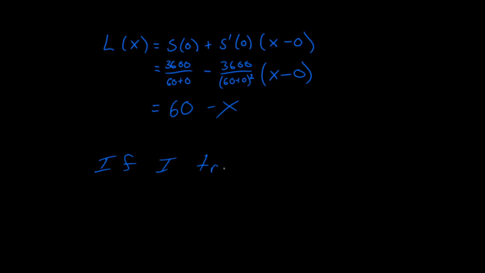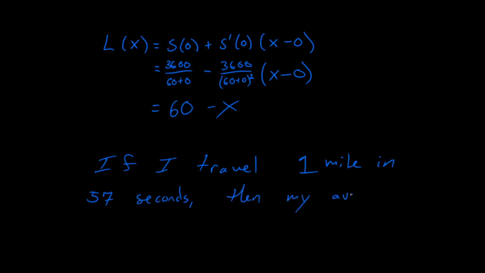So if I travel 1 mile in, say, 57 seconds, then my average speed is about, something in the neighborhood of, let's see, L of 57, that'll be L of minus 3, right?